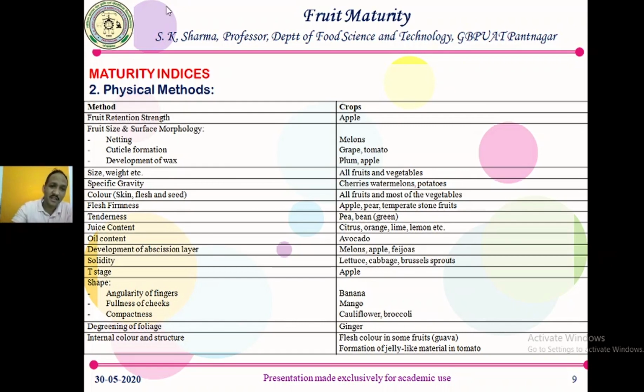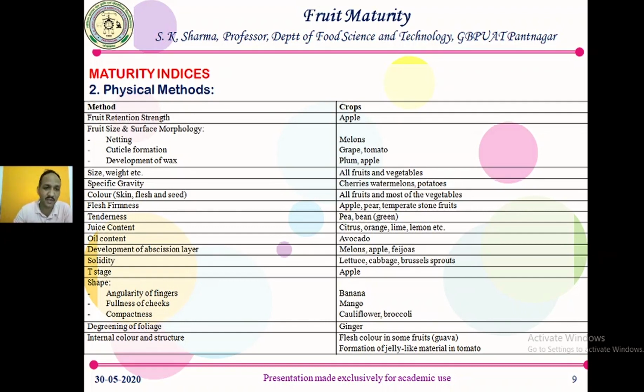You can just see that fruit retention strength. If I cannot pluck the fruit easily or it does not drop on its own, then it's still not mature. It has to be kept for some longer duration of time. Similarly, in some crops, say for example in case of melons, on the surface there is a netting. So the netting becomes distinct.